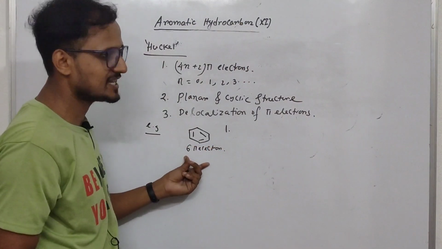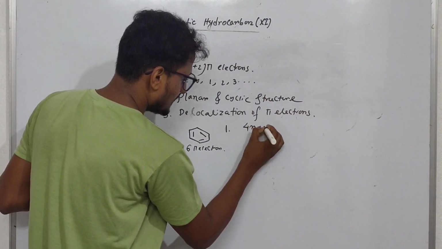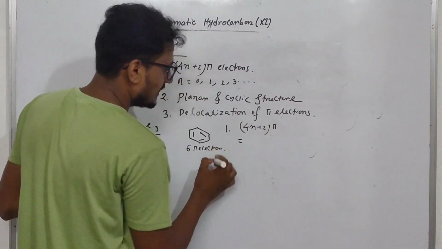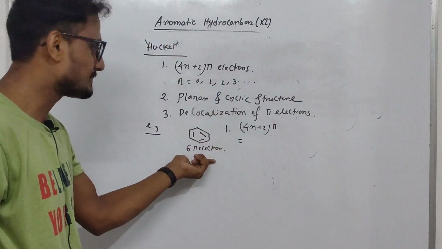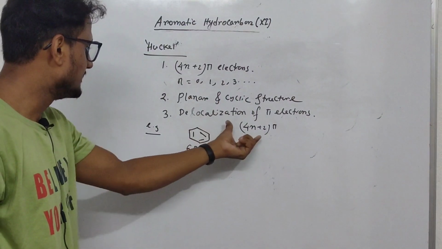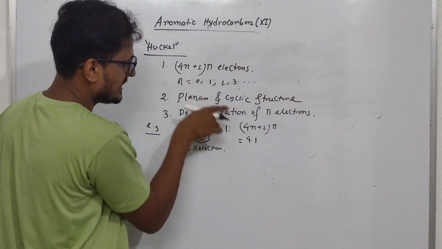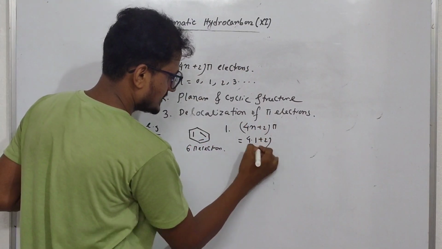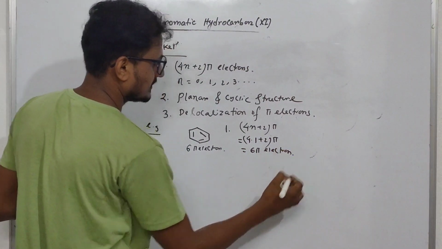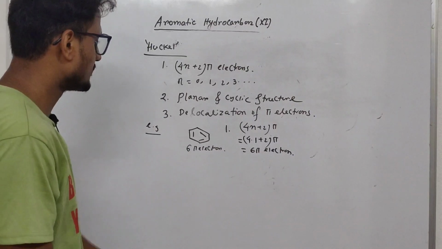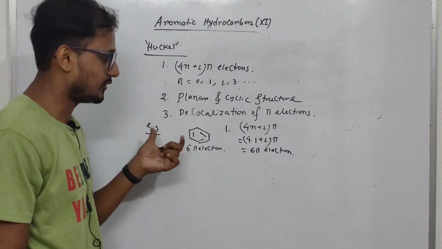Now these 6 pi electrons satisfy the 4n plus 2 rule: if I put 1 instead of n, then we get 6 pi. So this rule is satisfied. So it is aromatic, we can say, but the other two rules we have to follow.